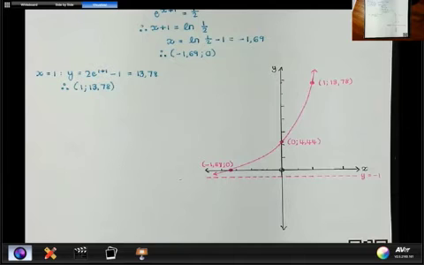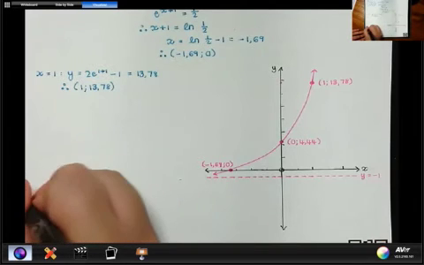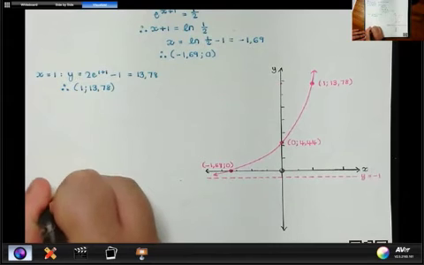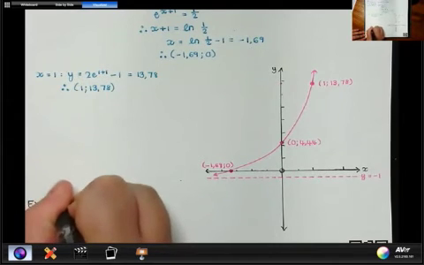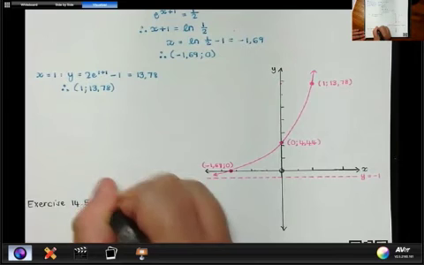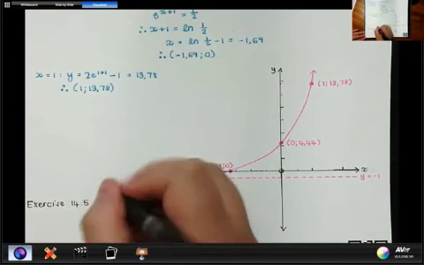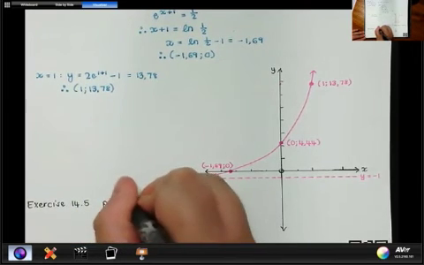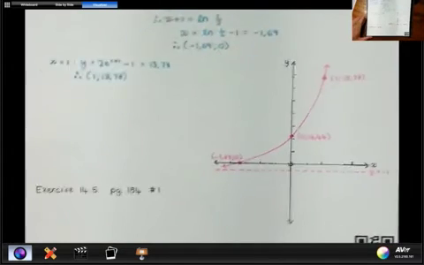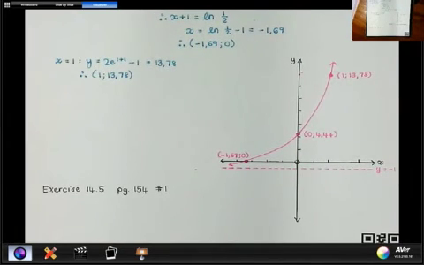So I'm going to give you exercise 14.5 from this answer series book. It is on page 154. And I want you guys to do number 1. All right, now there are lots and lots of graphs in number 1.